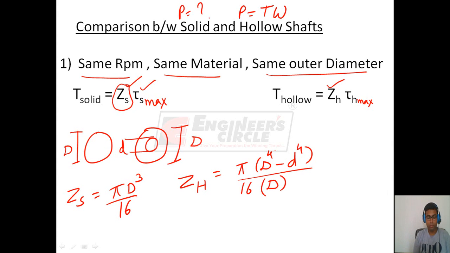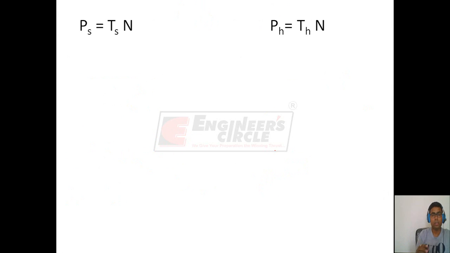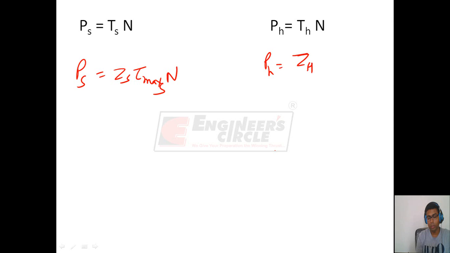So putting them in the equation of torque, we can write power of the solid shaft is equal to torque, which was Z into tau max into N for solid, and power for hollow was Z of hollow into tau max of hollow into N. N is the RPM.